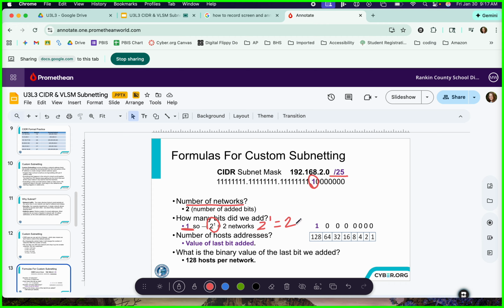So that is the number of networks that we created from this one network, and we are calling those sub-networks. Now, remember we have 8 bits right here, and we borrowed 1 for the network, which means that we have 7 left over for the host addresses, 7 bits.